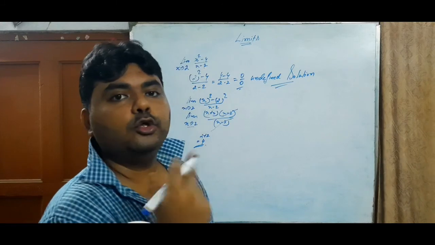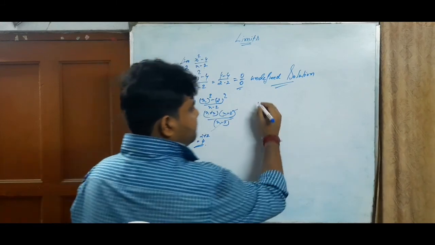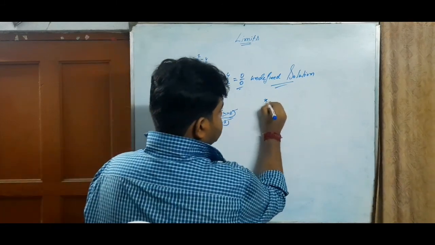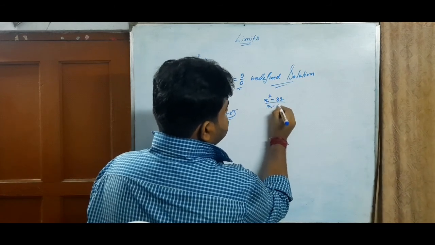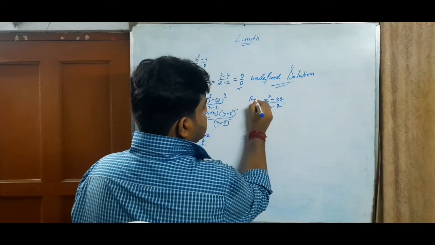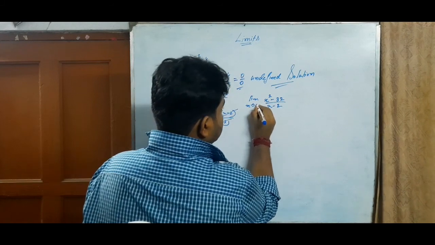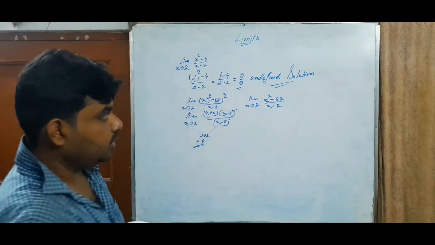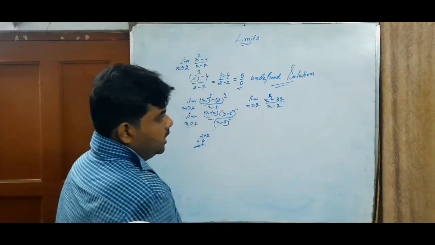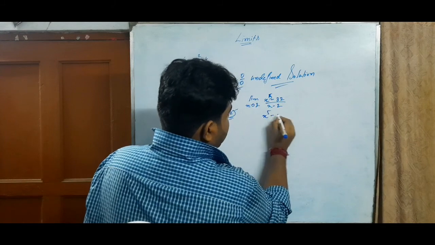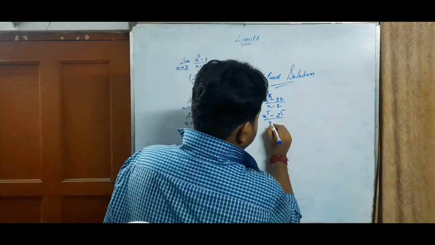Now we can factorize this, but there might be some problems which we can't factorize. How can we solve those sums? Suppose for example we are taking limit x tends to 2, x to the power 5 minus 2 to the power 5 by x minus 2.